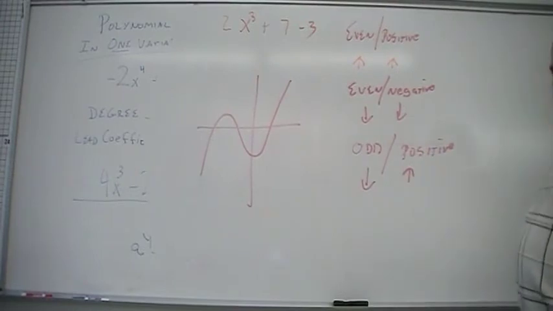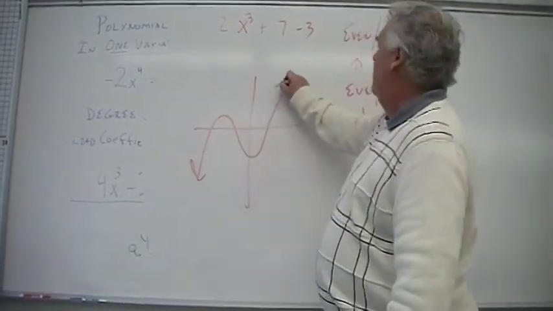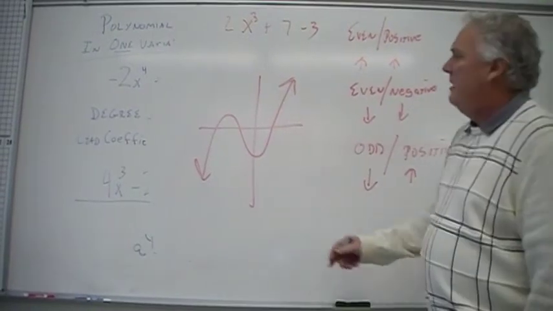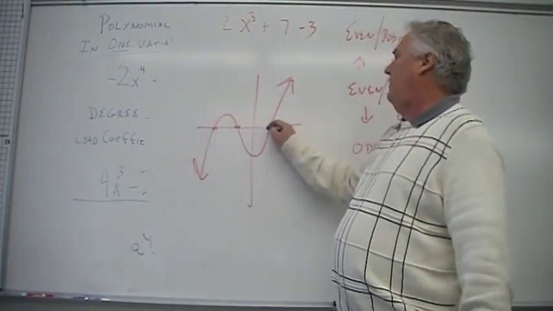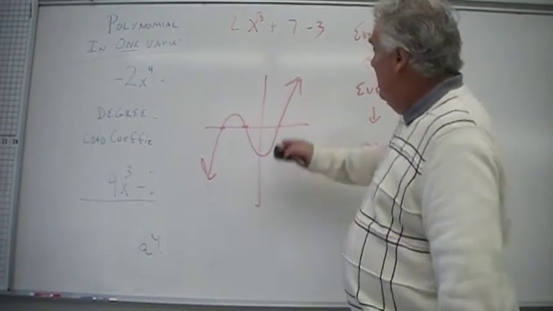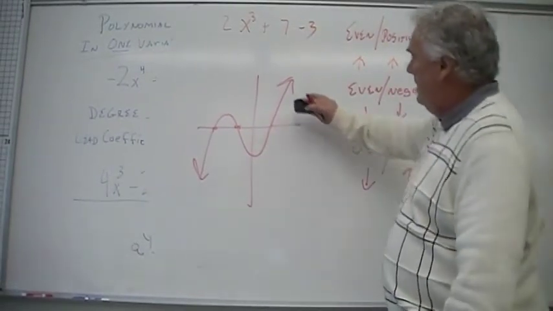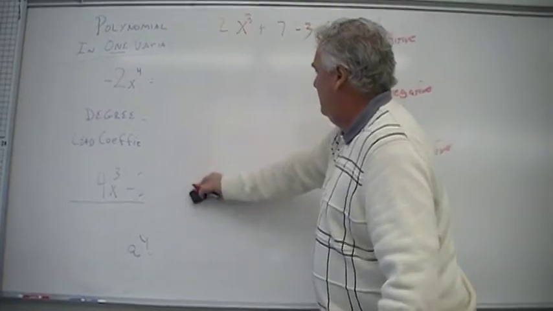Something like that. End behavior is down here, but positive here, because we've got 1, 2, 3 zeros crossing through. Okay? So there's when the exponent is odd and it's a positive coefficient.